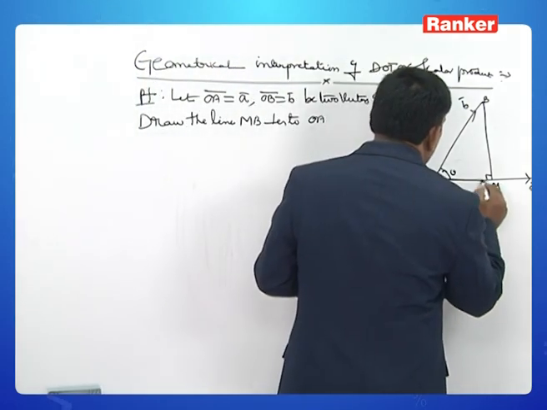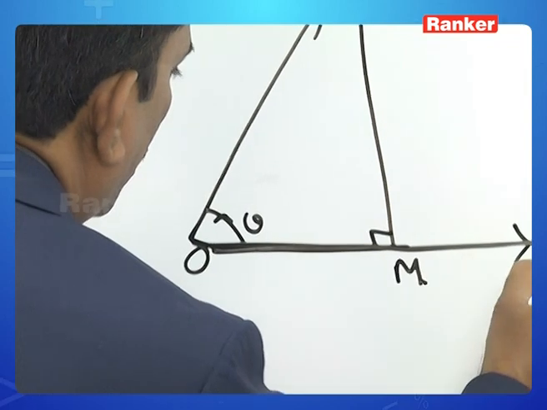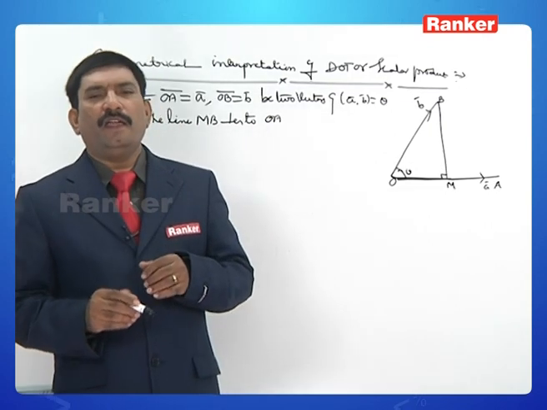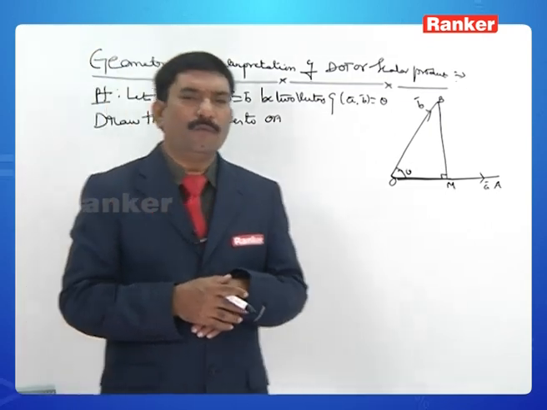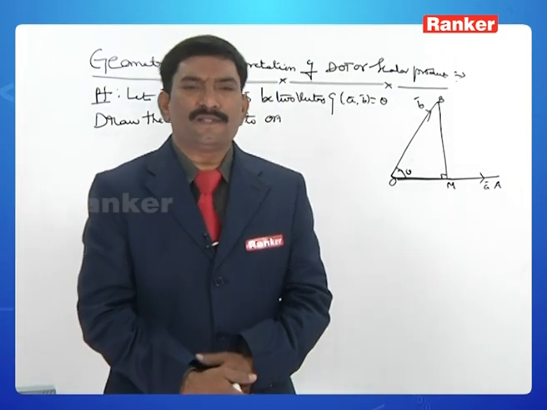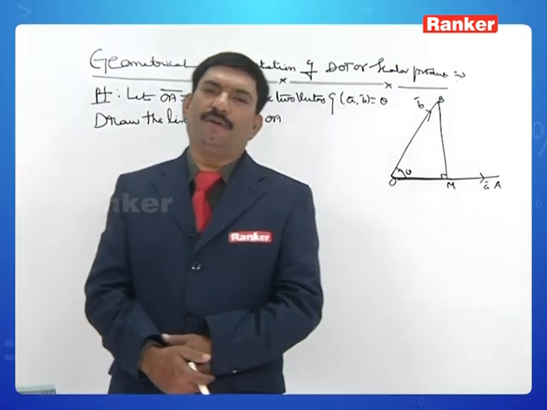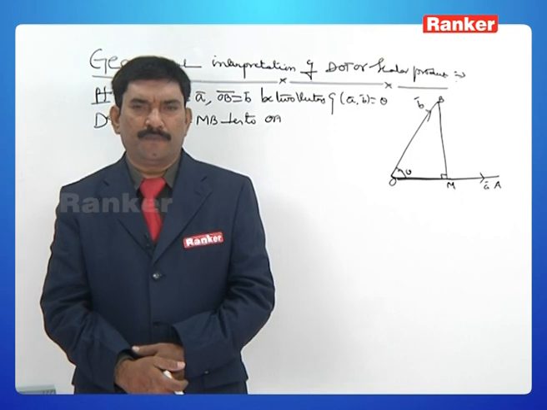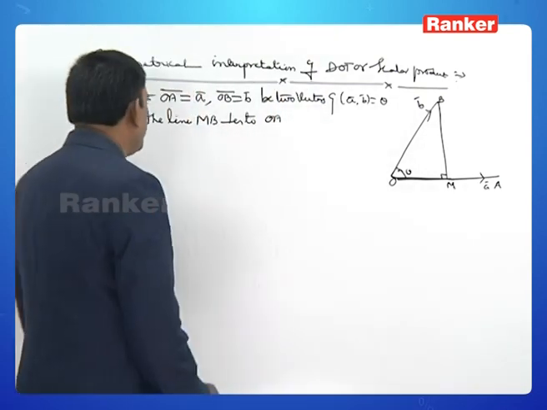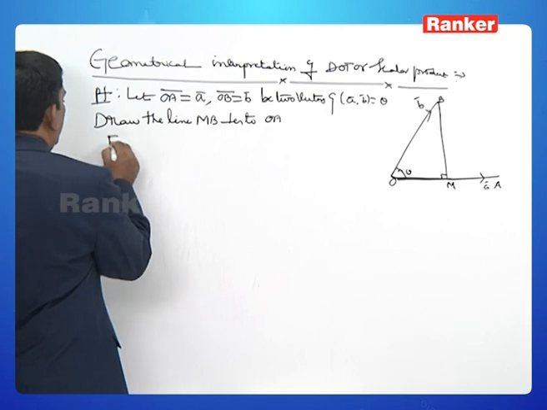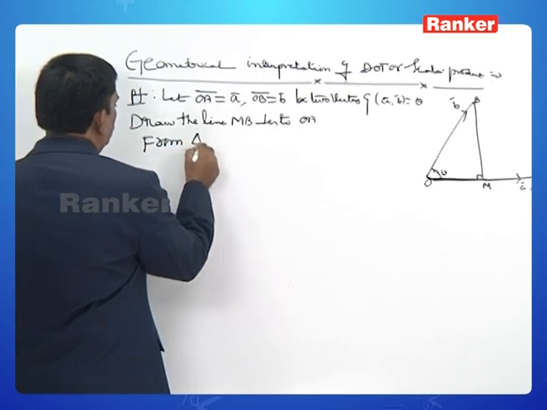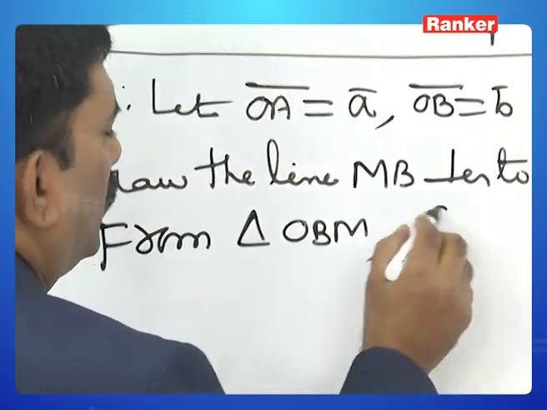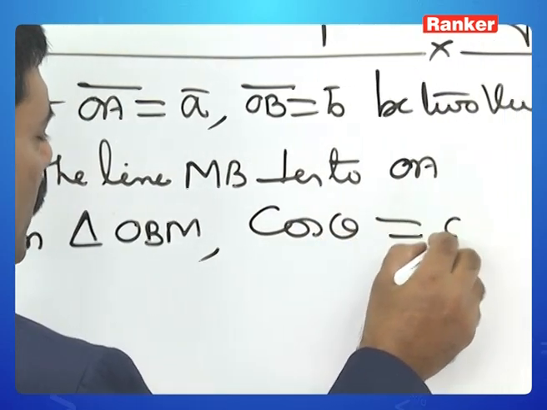This OM is nothing but a length along OA. Later, the length of OM, I call it the projection of b bar on a bar. So therefore, now from triangle OBM, what is cos theta?